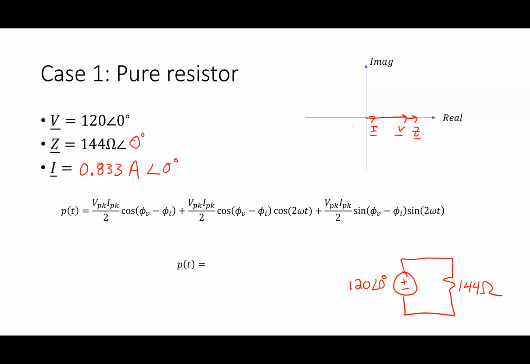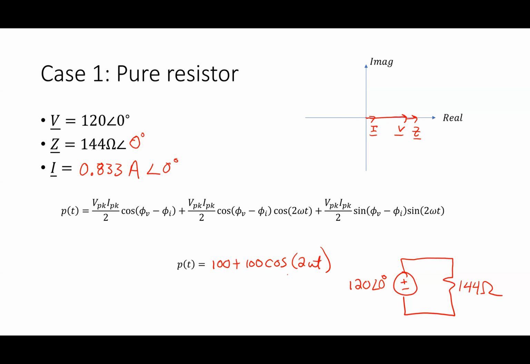Now, if I went through what P of t looks like, and I don't want to do that because it's going to be nasty, right? Basically, it would be 100 plus 100 cosine 2 omega t, like that. All right, as if I plugged everything into those formulas, that's what I would end up with.